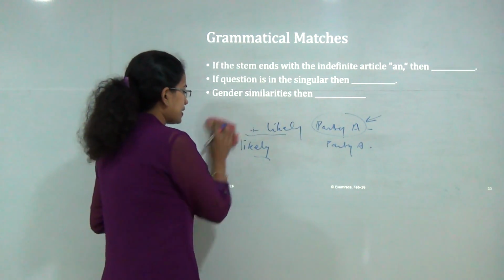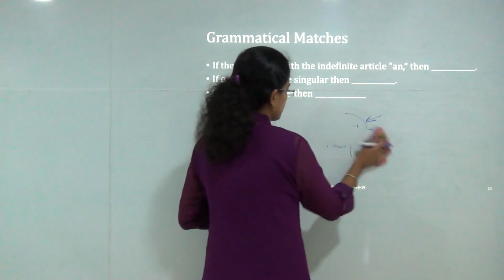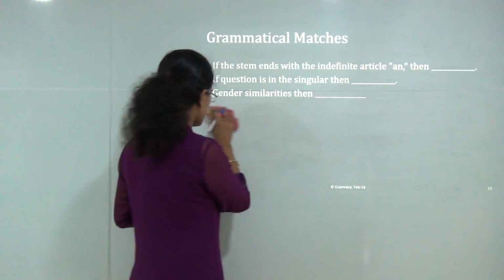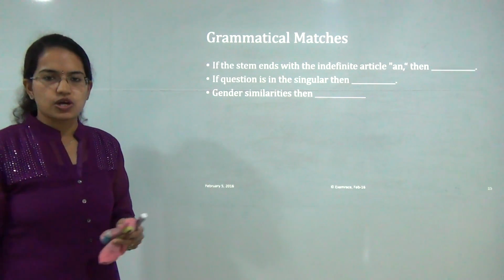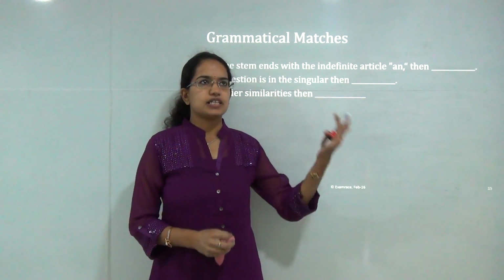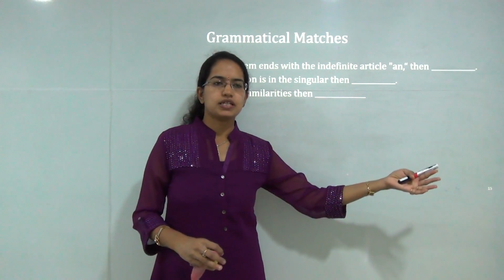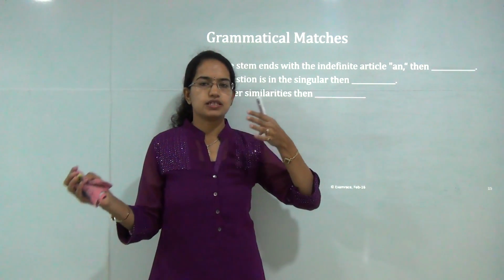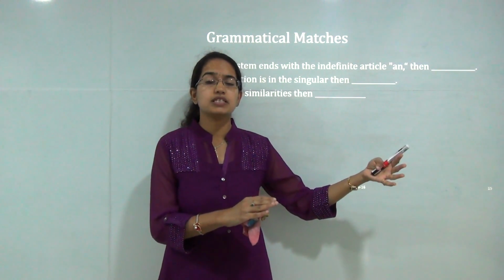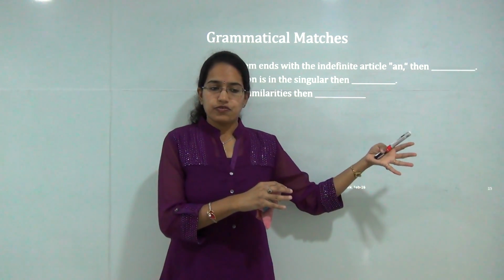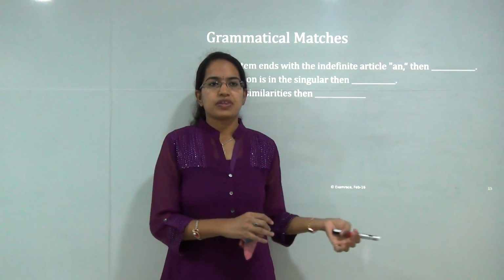Now there can be grammatical matches. This is a very interesting way to answer some of the questions. For example, if the question is talking about Ramesh, a person who goes 5 kilometers east, then 10 kilometers south, then meets one of his friends called Geeta.